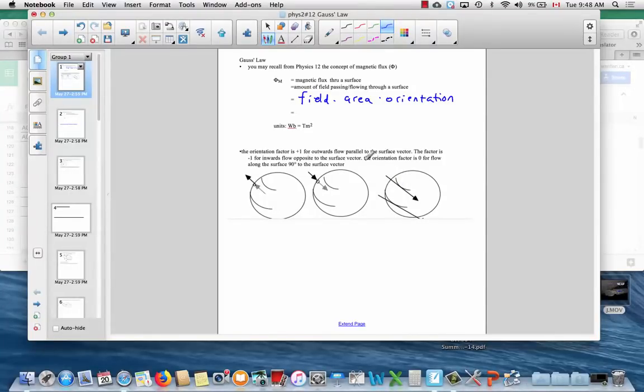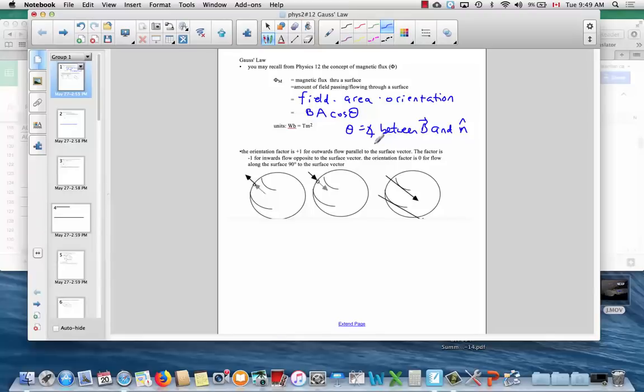in this case. So mathematically, the magnetic flux was the strength of the magnetic field, the surface area of the surface, and then the cosine of the orientation angle, where theta was the angle between the magnetic field vector and a surface vector that we call n hat.